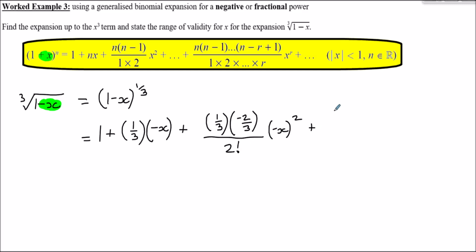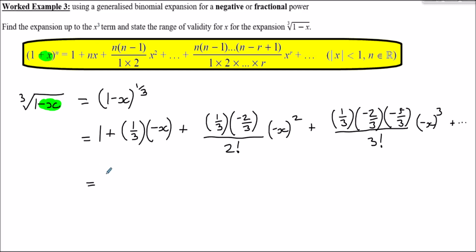And go again. 1/3. 1/3 minus 1 is minus 2/3. Minus 2/3 take another one is minus 5/3. All of that over 3 factorial, and that's going to be multiplied by (minus x) cubed. Obviously this is going to go on and on and on, but we're just asked for the first 4 terms, essentially everything up to the x cubed term.